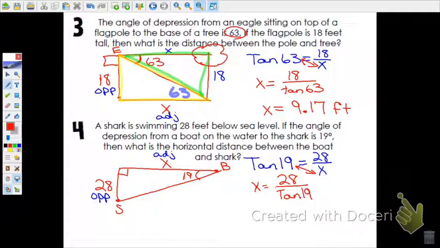And then rounded to the nearest hundredth, our answer is 81.32 feet. Excellent. So again, those angles of elevation and angles of depression are just word problems where we can use our trig ratios.